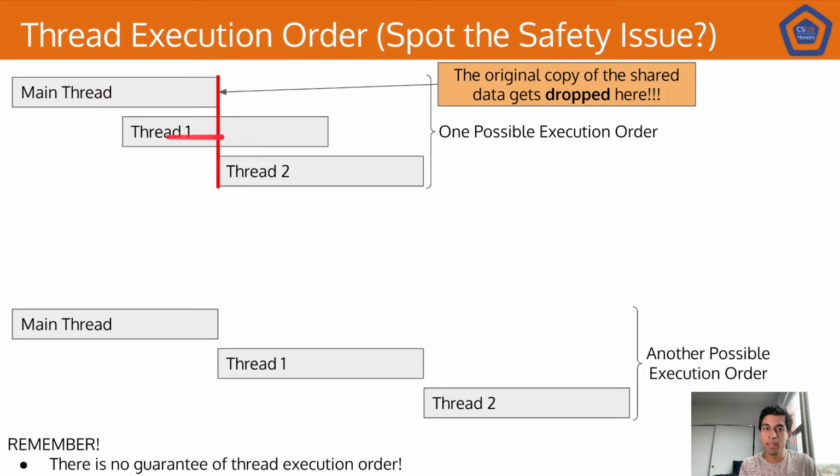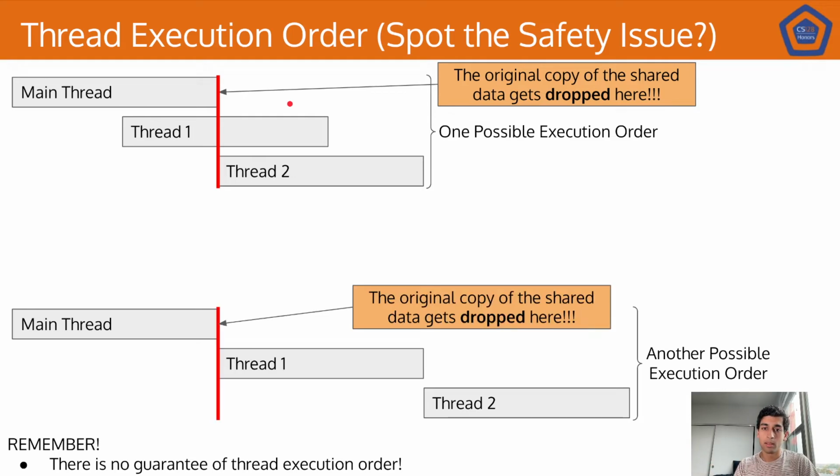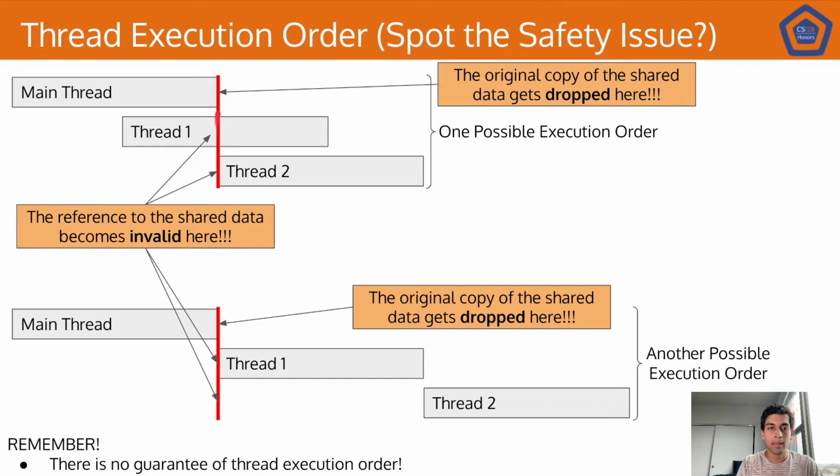So halfway through the execution, thread 1 will have an invalid reference to the data because the data gets dropped, it no longer exists, it's corrupted. Again, in the second example, the shared data gets dropped when the main thread finishes. So at this point, all of our references to the shared data become invalid because that shared data goes out of scope, it's dropped, you have no guarantees that it's there anymore.